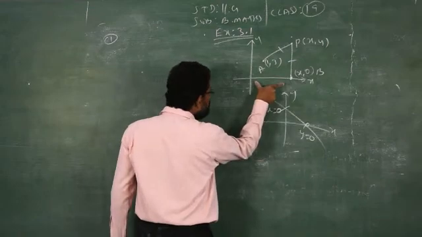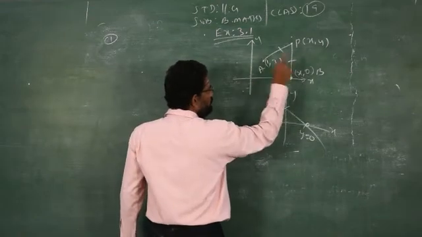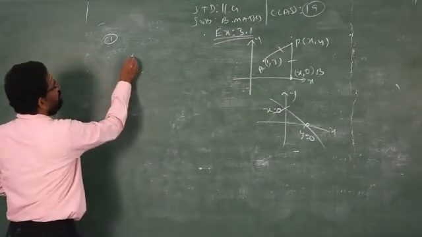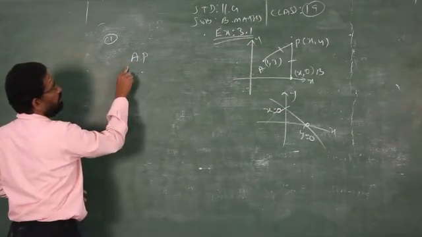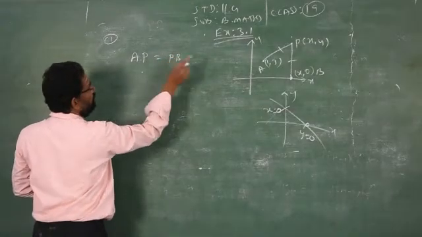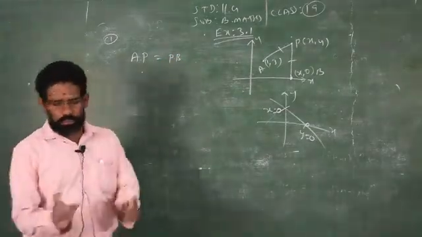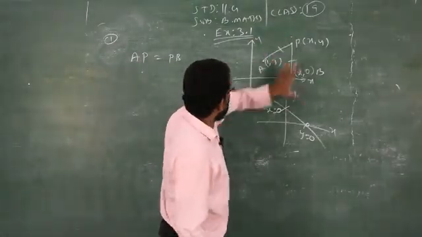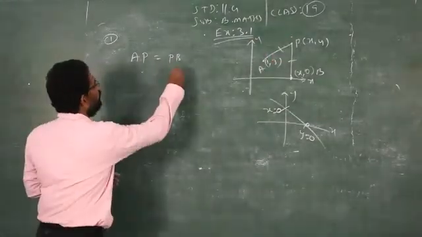I don't know the distance from the origin to this point, so I kept it as x. Now it is given equidistant: the distance from A to P is equal to the distance from P to B. Equidistant means the distances are equal. It is given in the question.